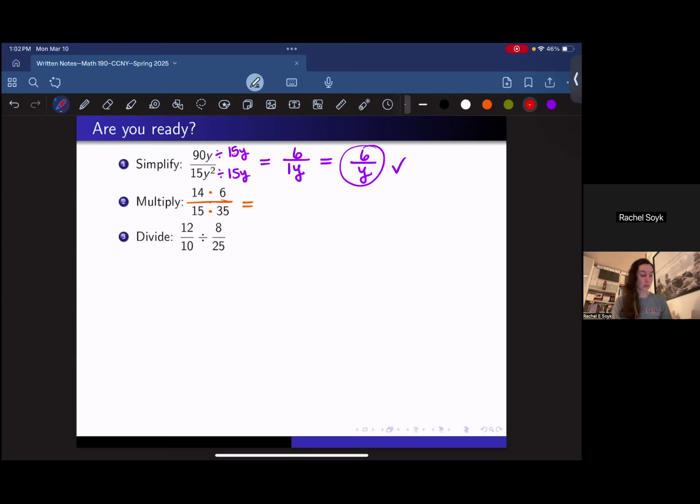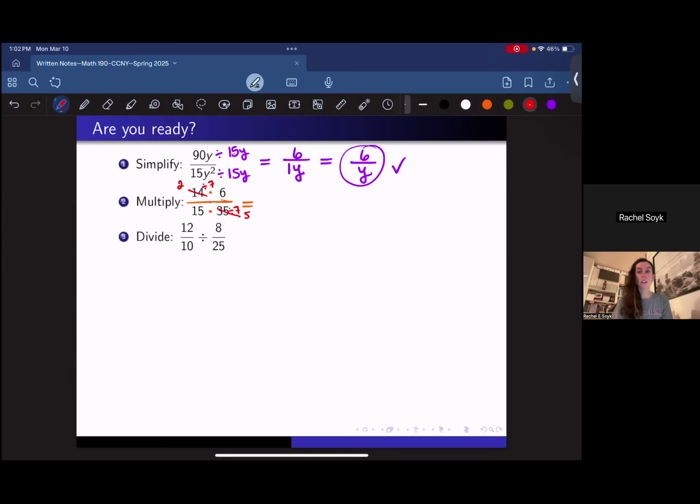For example, 7 works for both 14 and 35. If I did 14 divided by 7, I would get 2. And if I did 35 divided by 7, I would get 5. So this can simplify to 2, and this could simplify to 5.